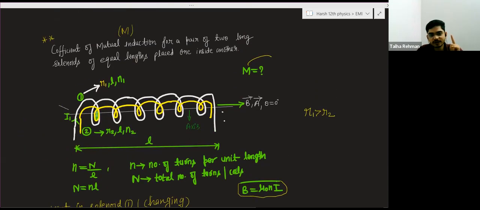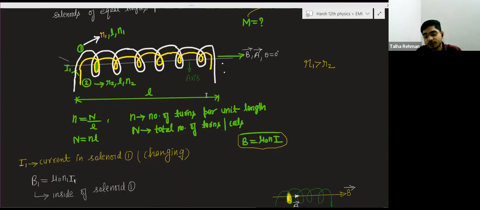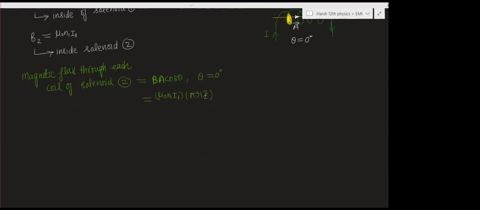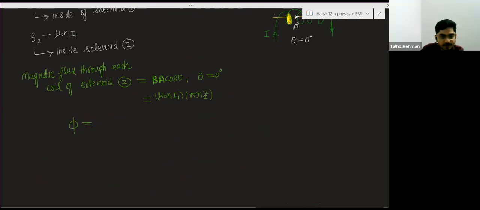If we want to calculate the total magnetic flux through all the coils of solenoid number 2, then what will we do? The flux will be multiplied by N2, the number of turns or coils in solenoid 2.